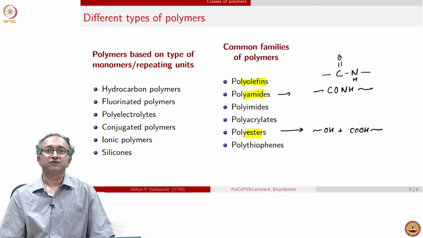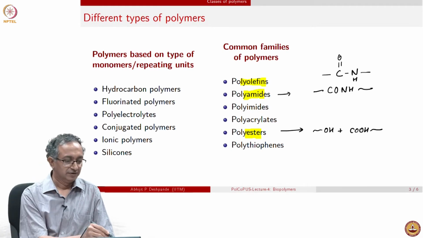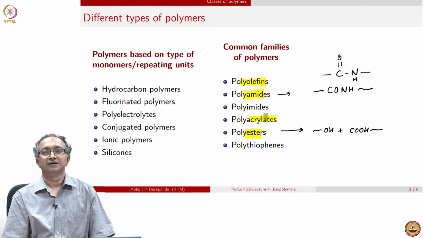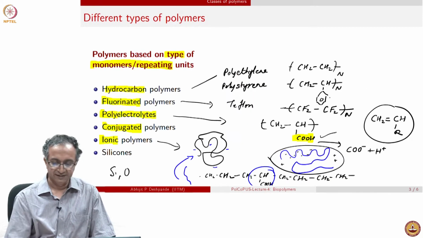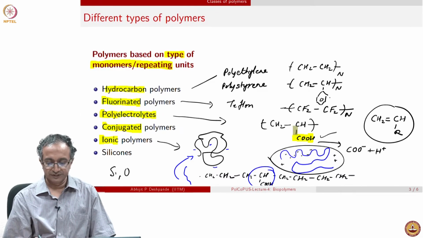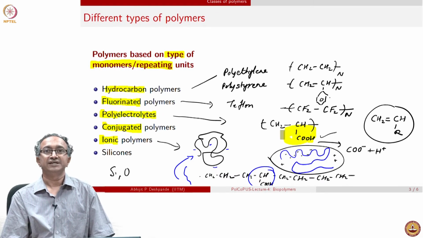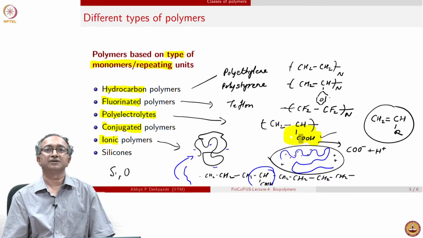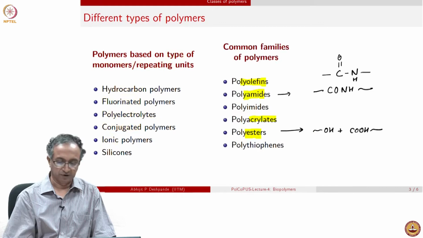Another important class of polymers which are quite widely used are polyacrylates. So in this case, the acrylic group, if you remember on the previous slide, we looked at acrylic acid, polyacrylic acid, which is nothing but CH2CH and COOH. So instead of hydrogen being here, if there are various other groups that can be substituted, then we get an acrylic family of polymers.